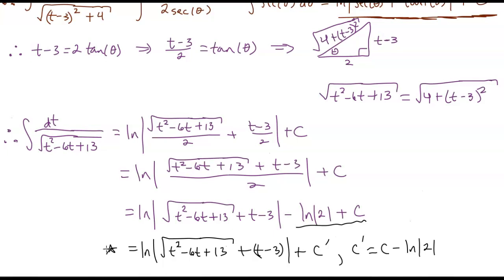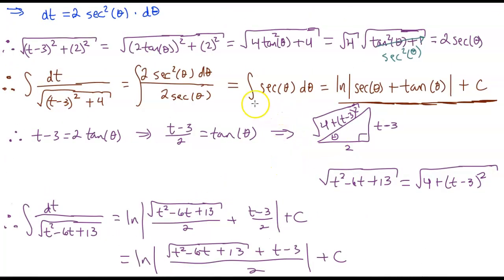So to end this video, I'm going to go back and show you how we could actually come up with this particular antiderivative here, just in case you're interested in seeing that.